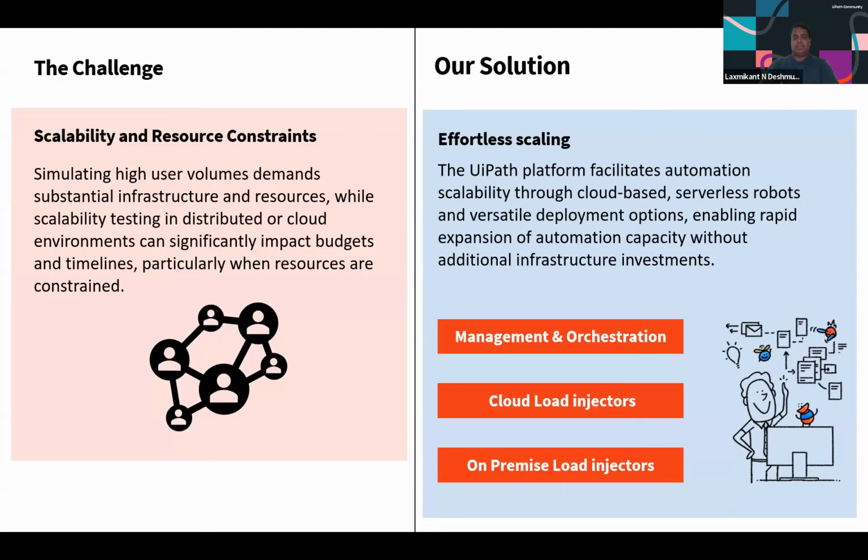With our solution, with the UiPath solution, this scaling is very effortless. It's very managed and orchestrated. Cloud load injectors help you inject the serverless robots for performance testing, and eventually help you manage it very effectively from the cost and the effort perspective.